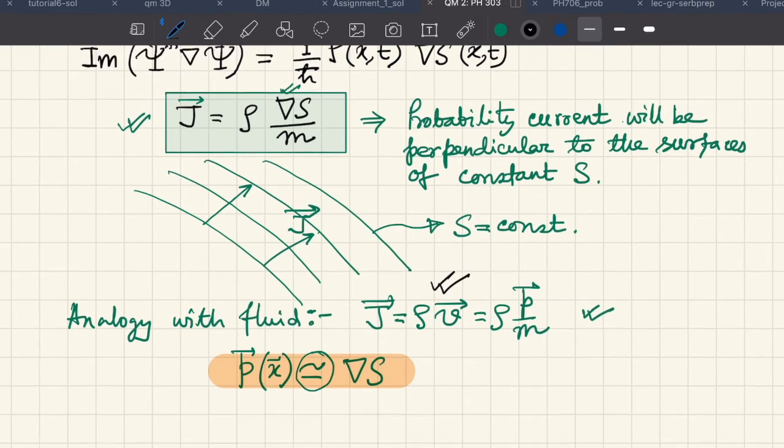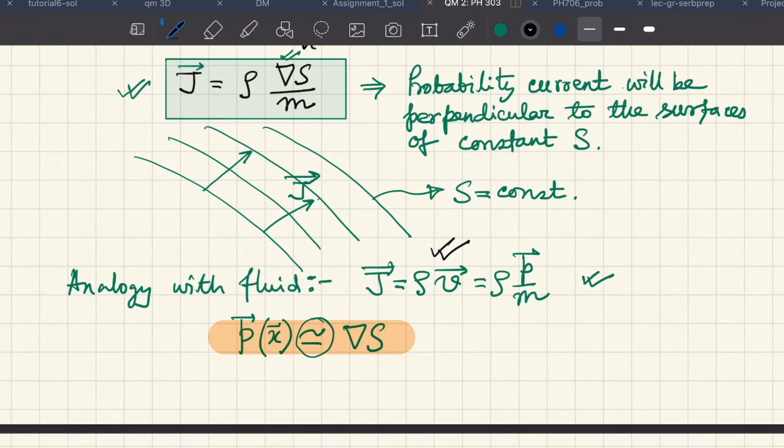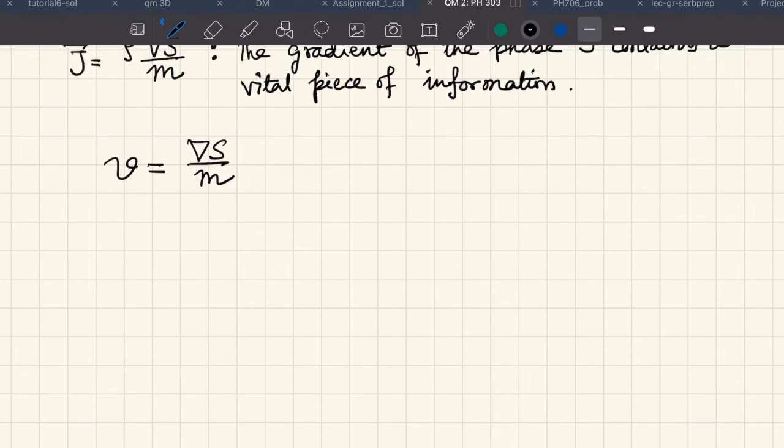Now, if rho is already sitting there, my V should be gradient of S by M. So this gradient of S by M, therefore, is my V, and the continuity equation in this case can be written as del rho del T plus divergence of rho times this velocity should be equal to 0.